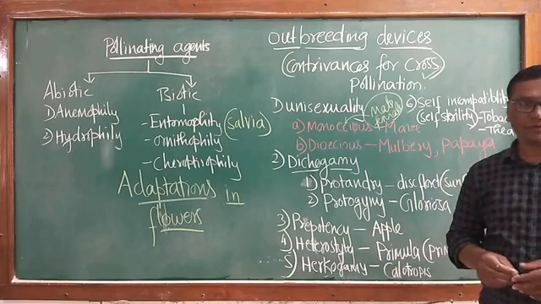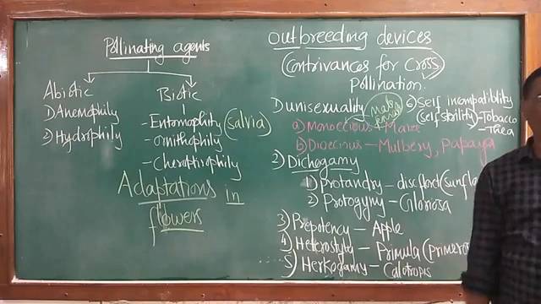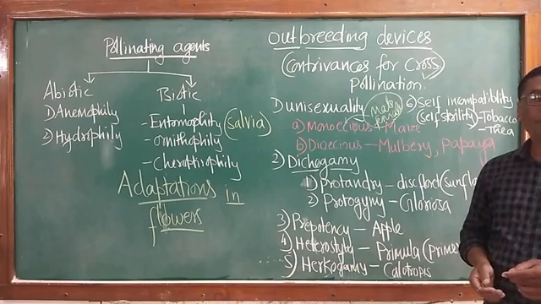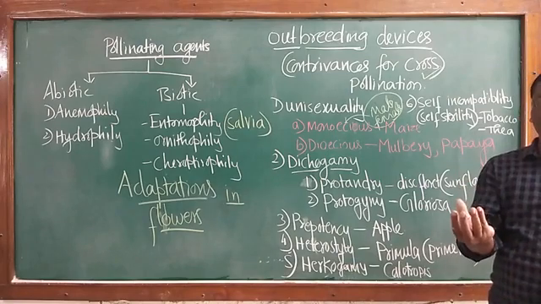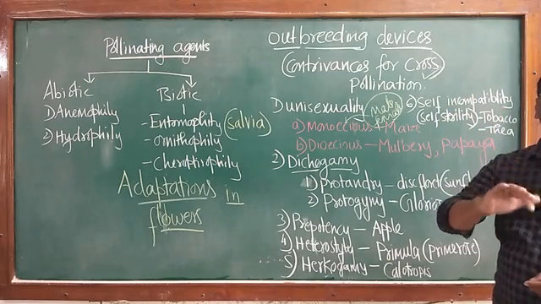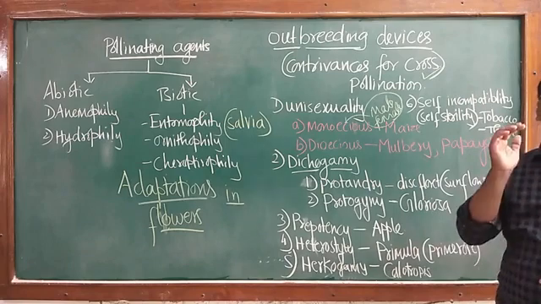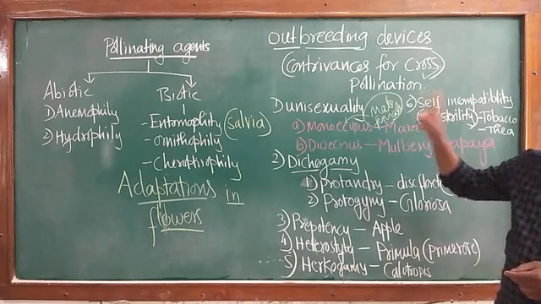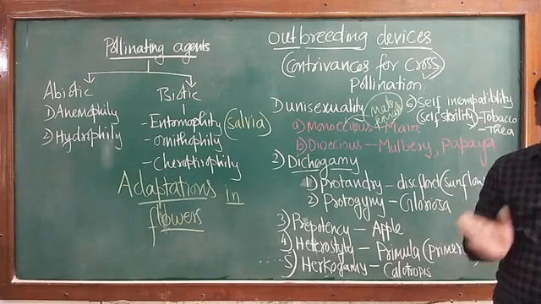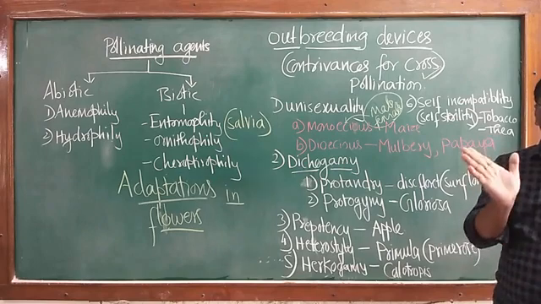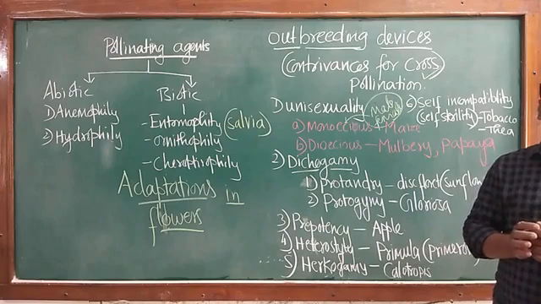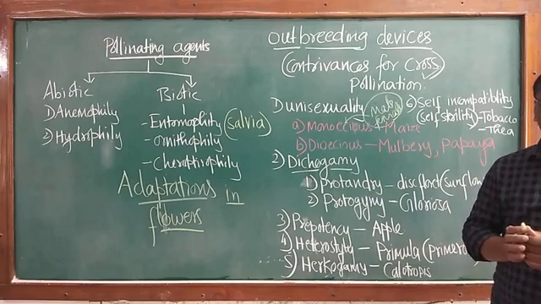In maize, in the last class, we have also seen the diagram on the board. The maize plant has an inflorescence at the top, which is the male inflorescence, consisting of only male flowers having only stamens. Whereas the maize plant, in the axil of the leaves, has a female inflorescence consisting of female flowers.